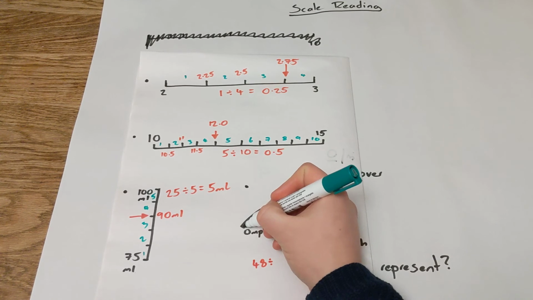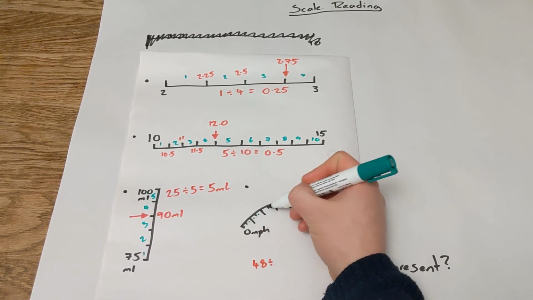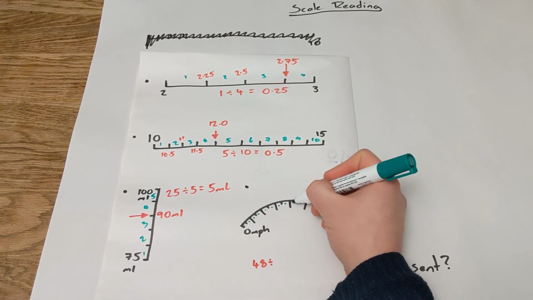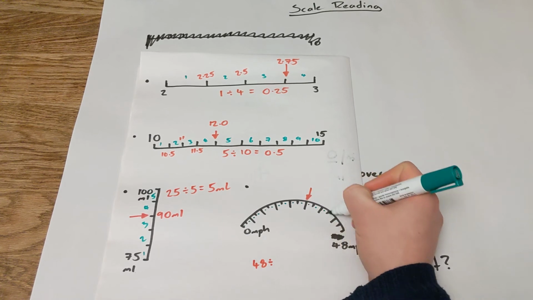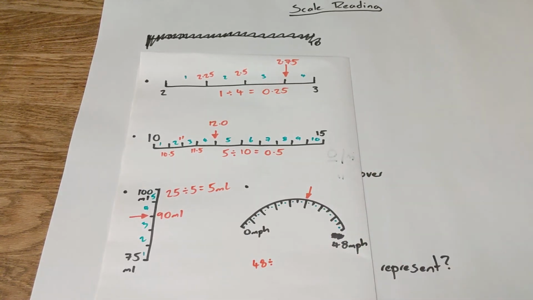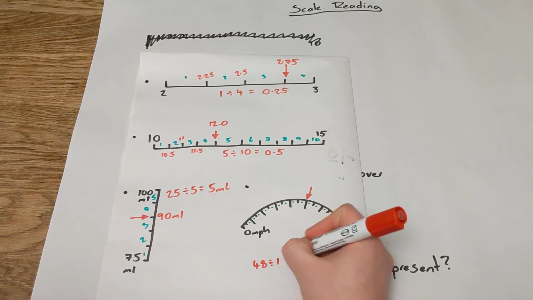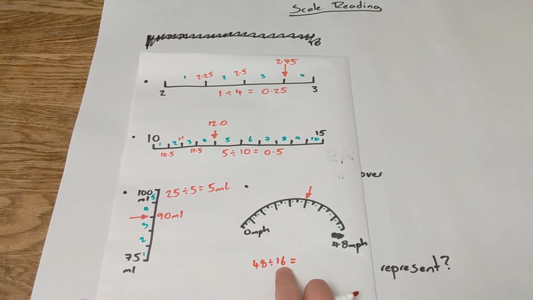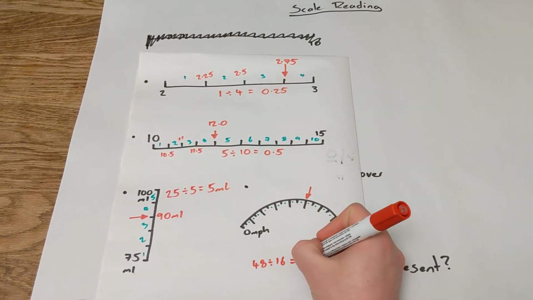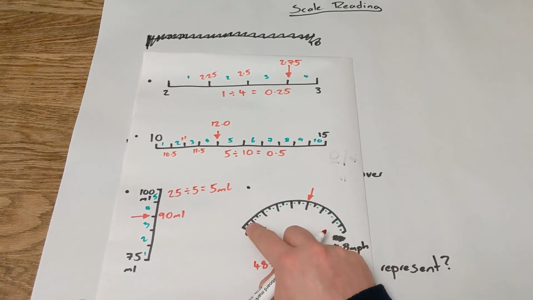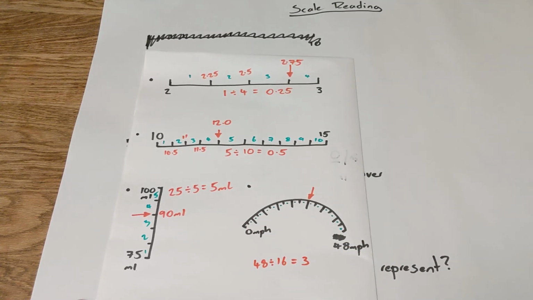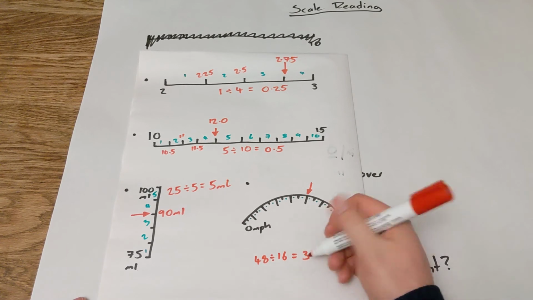So we've got 1, 2, 3, 4, 5, 6, 7, 8, 9, 10, 11, 12, 13, 14, 15, 16. So we've got 16. 48 divided by 16, well, that equals 3. So each little line is represented 3 miles per hour.